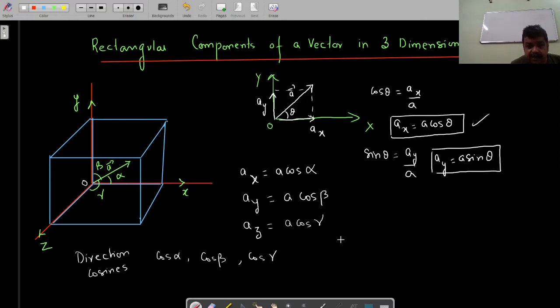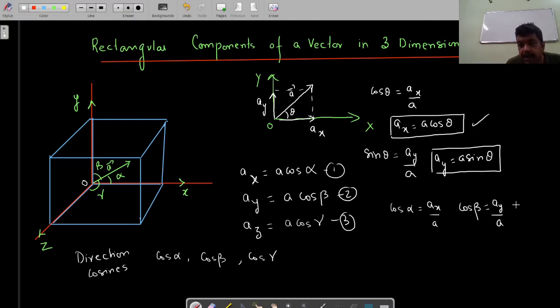Suppose this is equation 1, this is equation 2, this is equation 3. From 1 I can write cos alpha is equal to ax by a. Similarly, cos beta is equal to ay by a, and cos gamma is equal to az by a.